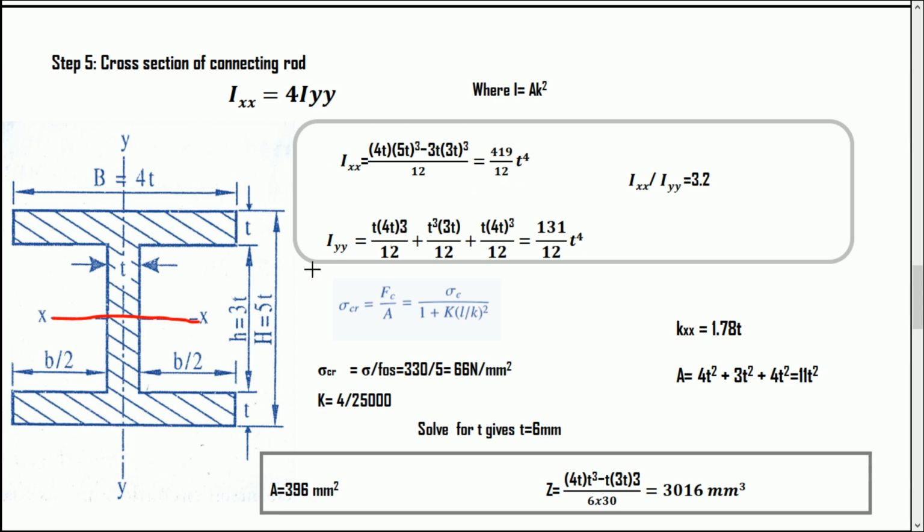From where this came from, we are going to consider this entire I section as a rectangular box of size 40 into 5t. So we are going to subtract the moment of inertia of these two rectangular portions from the entire rectangular section.